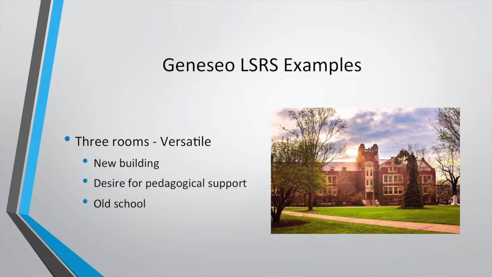Now, all three of the rooms that we're talking about here with the Geneseo examples, I would consider versatile. They don't all work that way, but the faculty that teach in these rooms all want them to be versatile. They want to be able to be set up for a lecture like we are now. They want to be able to move the desks into a circle or into small groups to change the layout of the room.